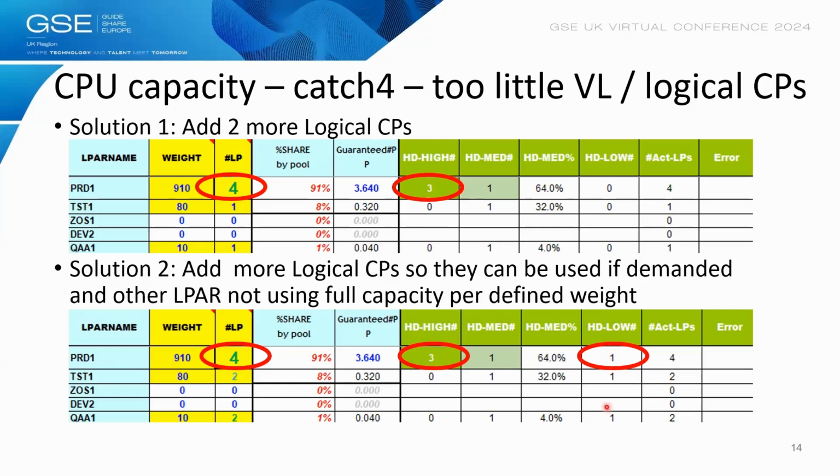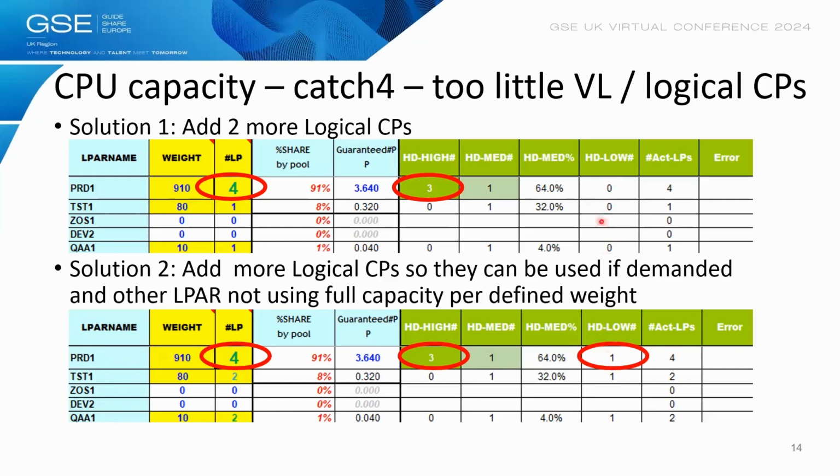And vertical lows can be switched between the LPARs. So if those 2 LPARs, this TST1 and QA1, will not be busy and the production one will be busy, then we will use those vertical lows to transfer the power, transfer those CPs, to our high demanding LPAR.